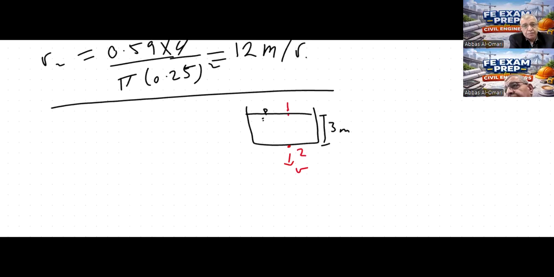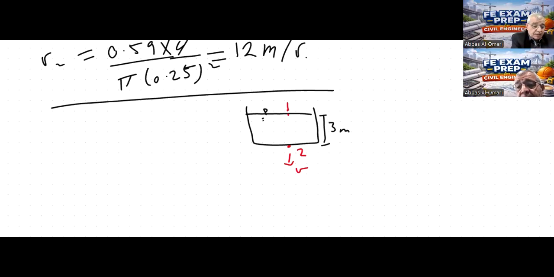However, we should check the points that simplify the equation, where many values are known. So here we select the water surface. At the water surface, we know the pressure is 0 because we use gauge pressure, and we know the velocity is 0 or negligible. So these 2 terms are cancelled.